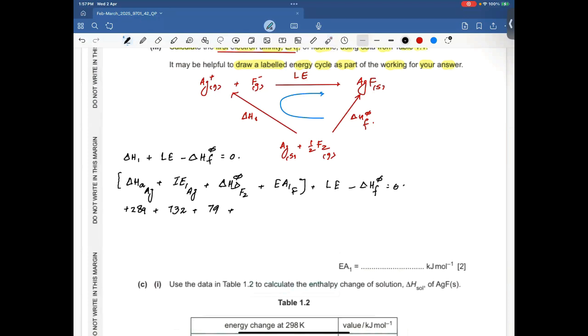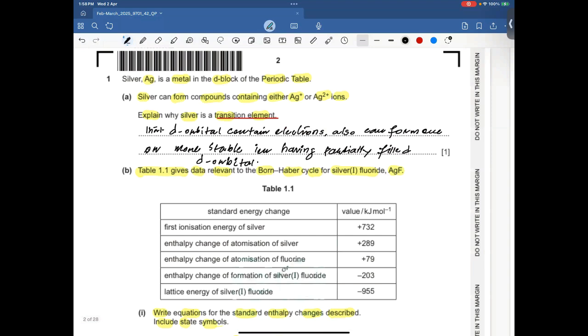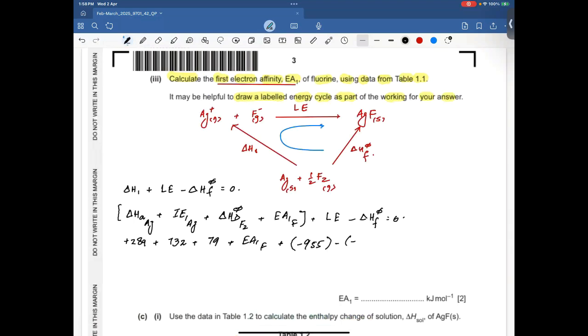We need to find out the electron affinity of fluorine, plus lattice energy. Lattice energy is minus 955, I believe. That was 955. Yes. And minus 203 is formation, equals to 0. So when we calculate first electron affinity of fluorine, it's going to be minus 348 kilojoules per mole.